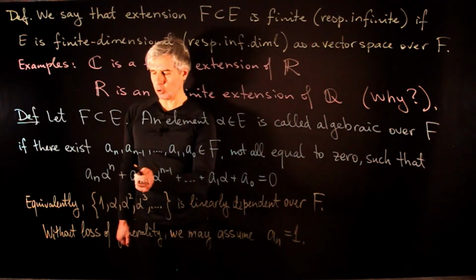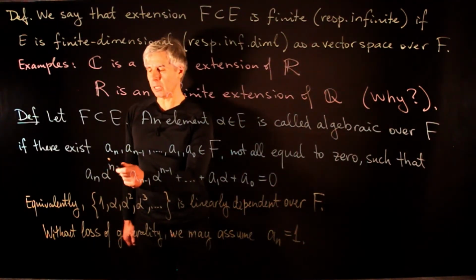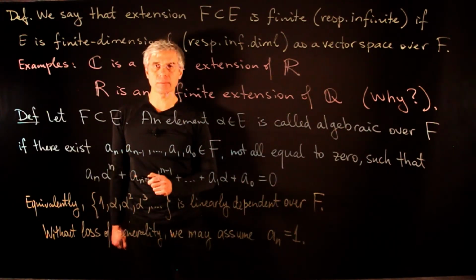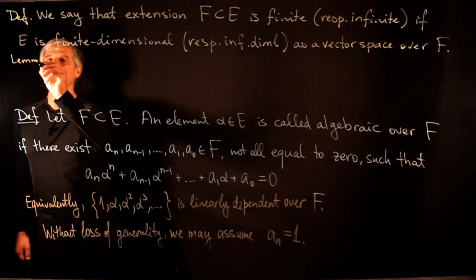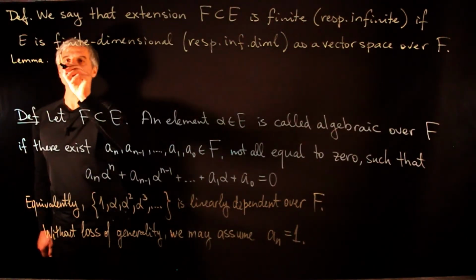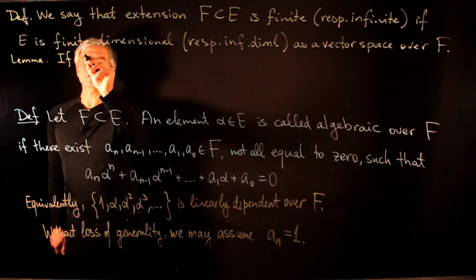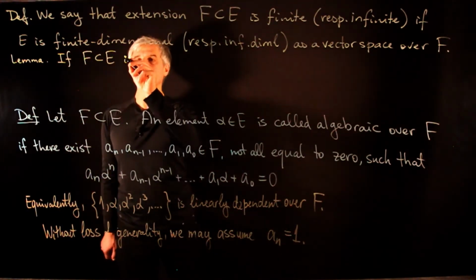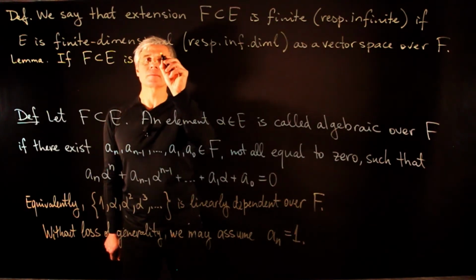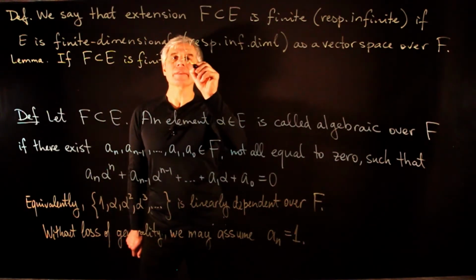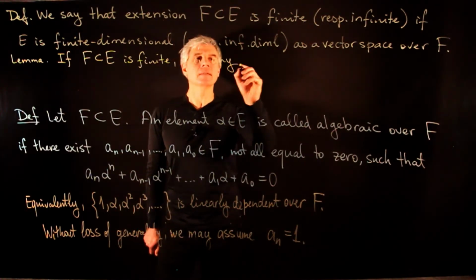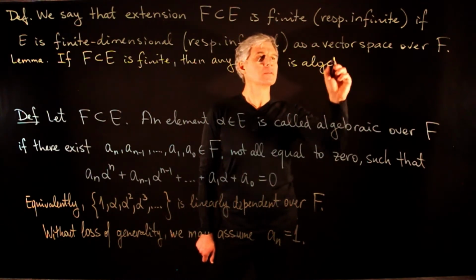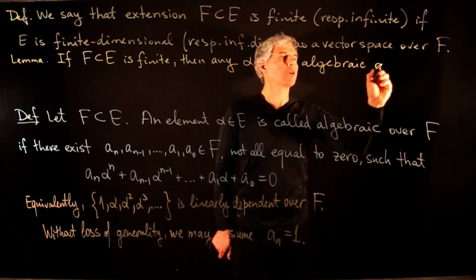We can always choose a non-zero leading coefficient and then normalize this expression by dividing by the leading coefficient. We have the following simple lemma that says that if the extension E of the field F is finite, then any alpha in E is algebraic over F.